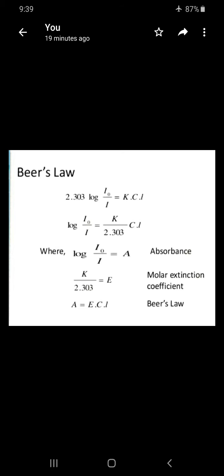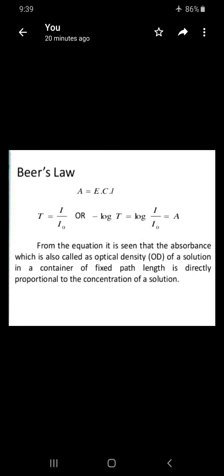Therefore, the molar extinction coefficient or molar absorptivity is equivalent to the absorbance produced by a layer of 1 cm thickness of solution having 1 gram mole concentration. Next, A is equal to E c l.